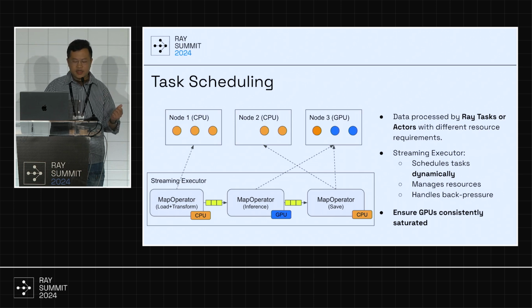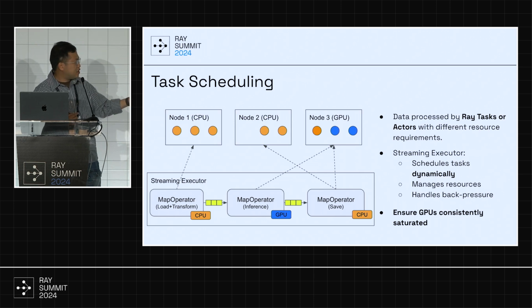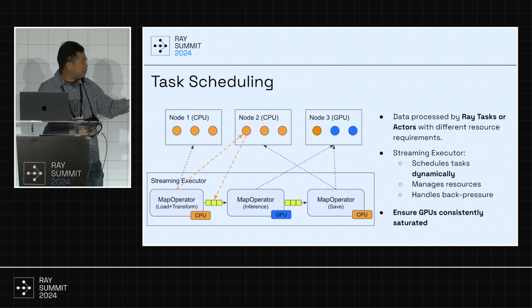Let me explain why. Let's say in this case the inference operator, the GPU operator, is undersaturated. When Ray Data finds this, it will simply schedule more tasks for the first stage, the load and transform operator, to output more data and then feed into the inference map operator.